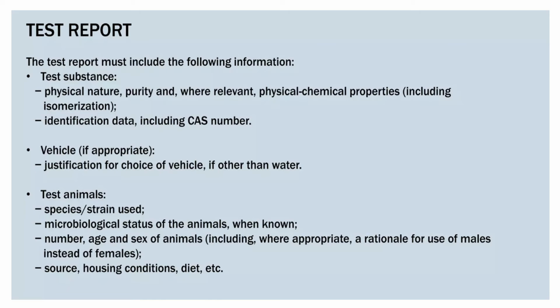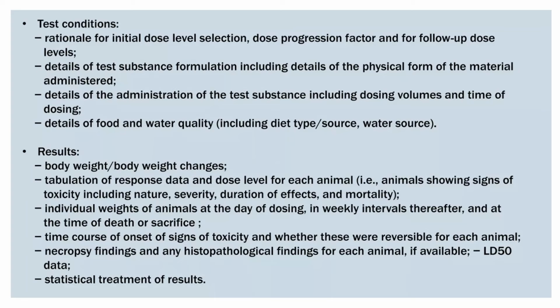Then the test animal species, strain, microbiological status of the animals if it is known, number, age, sex of animals including the appropriate rationale for use of male instead of female, source, housing condition, diet. Everything we have to write in the report, and all the reports should include all these criteria, which are mandatory.